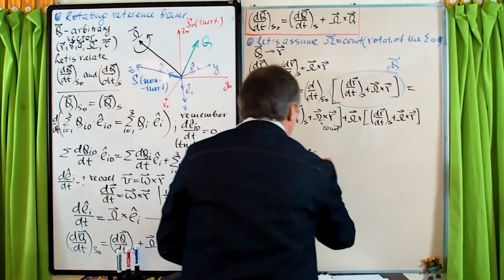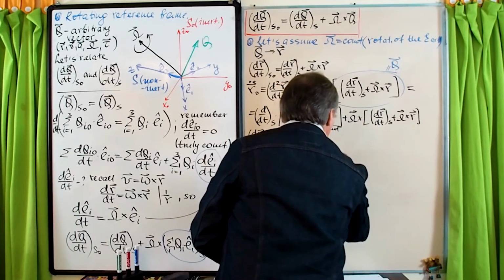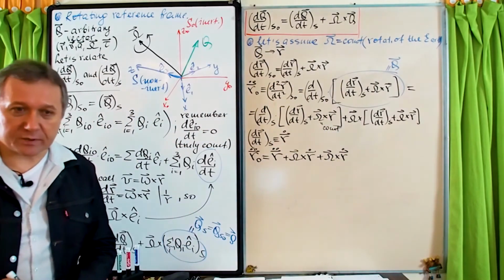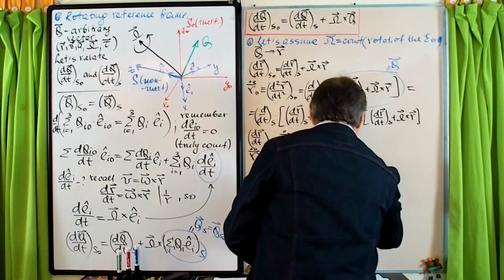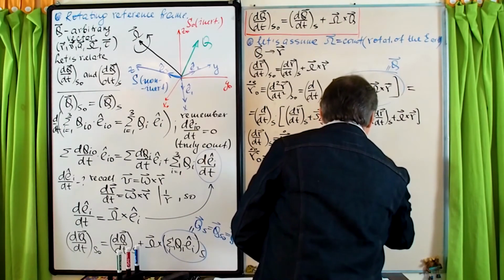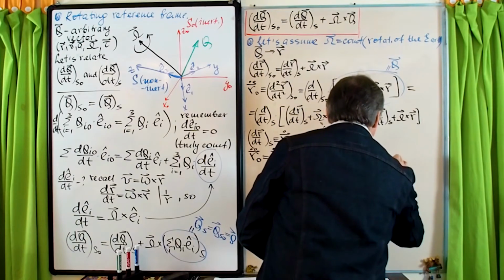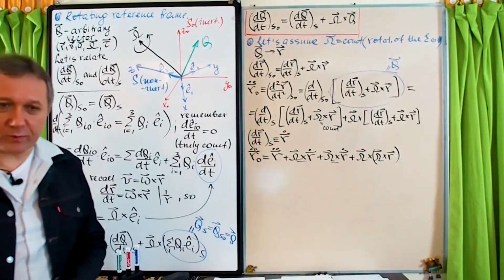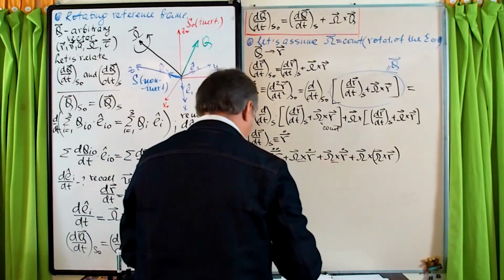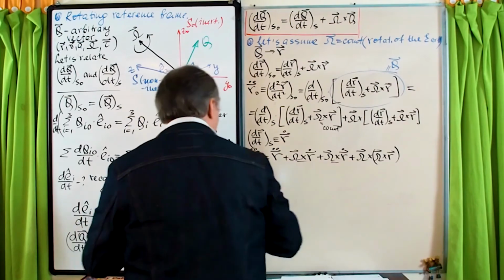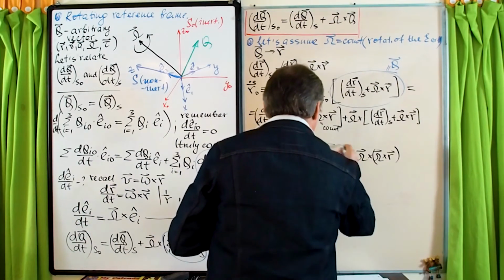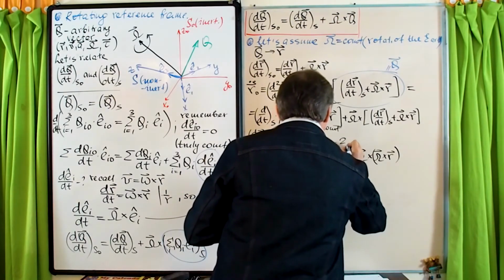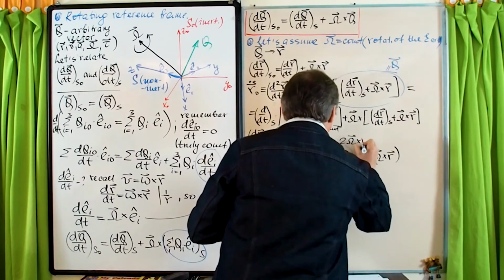And now those two terms: omega cross r dot, again no subscript 0, and plus omega cross omega cross r. These two are exactly the same. We can combine them, and they give us 2 omega cross r dot.